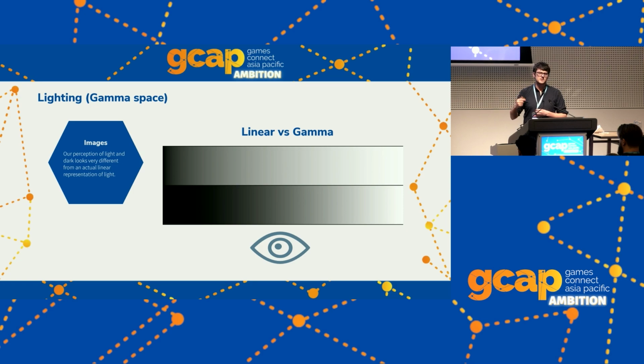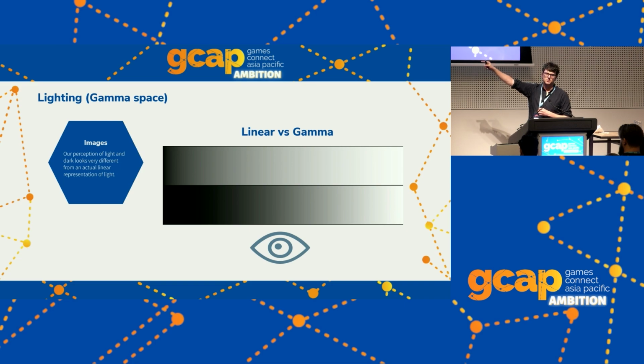Human eyes are specifically designed to be able to see light, not be able to see dark, which means that our perception of light and dark is heavily skewed towards light and not dark. So if I'm painting a gradient, it's going to look like the bottom gradient, a gradient from dark to light in what feels like a smooth thing.